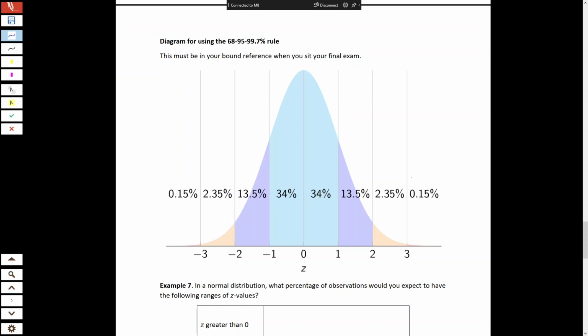Now have a look at these numbers here. Do you see the number 68 anywhere? No. I mean, if you add them. If you add the two 34s together, you get 68. What's 13.5 plus 13.5? 27. 27 plus 68.